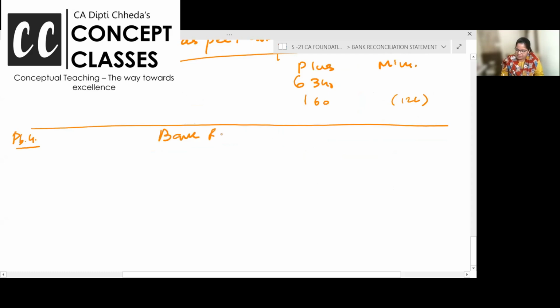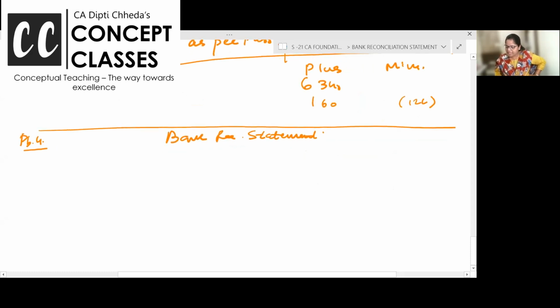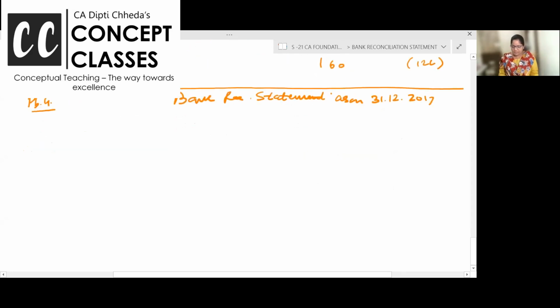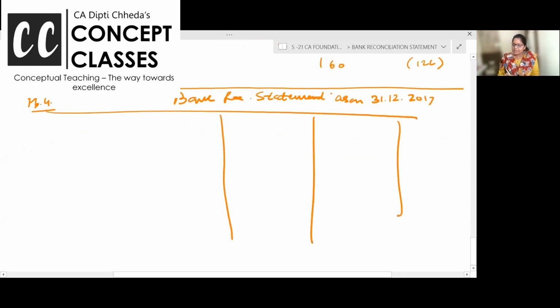Bank reconciliation statement, where we are preparing the bank reconciliation statement as on 31st December 2017. Okay, particulars and the balance.